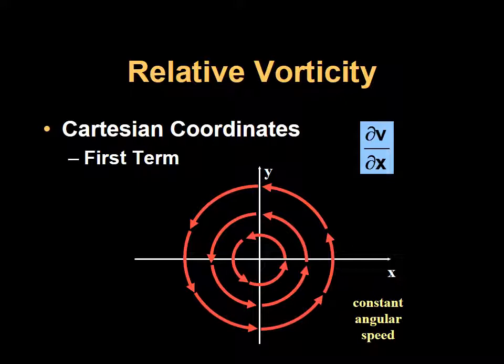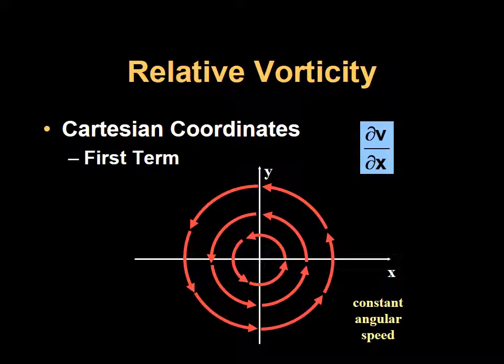And we're going to look at how the v component of the wind, the north-south component, changes as you move away from the center out in the positive x direction towards the right. And looking at the spin, we can tell right away, if we draw our s and n coordinates, that this is positive spin, positive vorticity, because our n coordinate points towards the center after we draw our s. So we know that's positive.